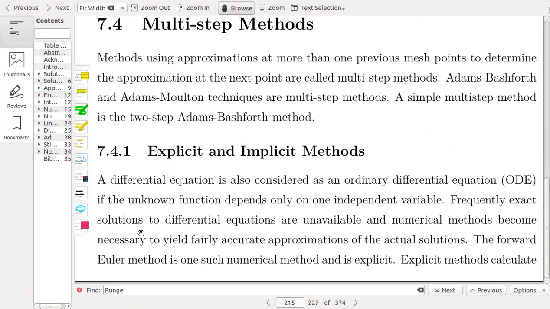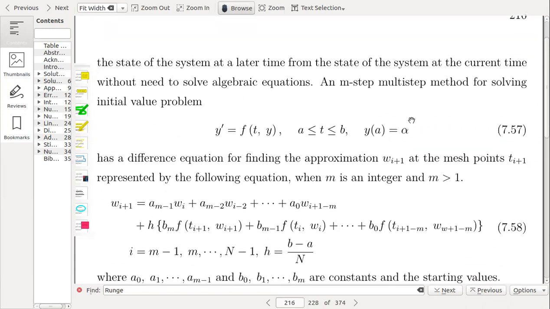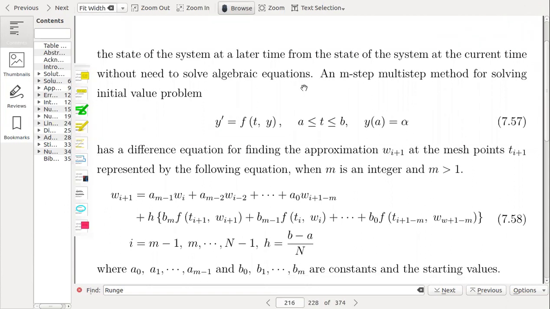So numerical methods become necessary to yield fairly accurate approximations of the actual solutions. The forward Euler method is one such numerical method and is explicit. Explicit methods calculate the state of the system at a later time from the state of the system at the current time without needing to solve algebraic equations.